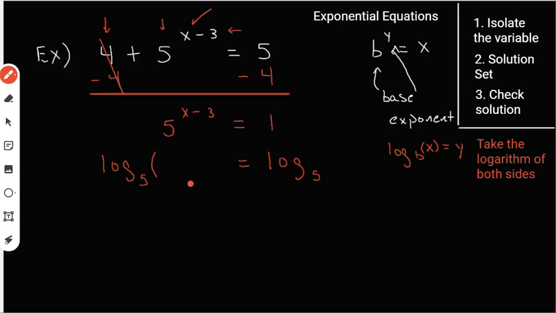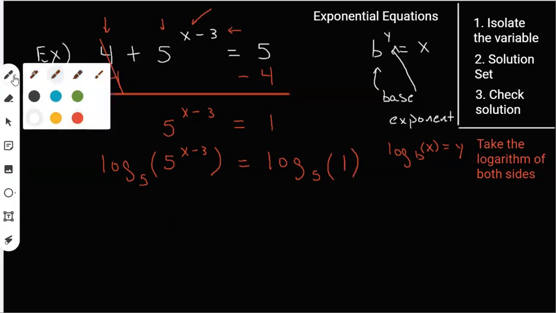So we take the logarithm of the left side. We put the 5 to the x minus 3 power on the inside. And on the right side, we have a 1, so I'm going to put that inside parentheses. What happens with these 5s is they cancel out.